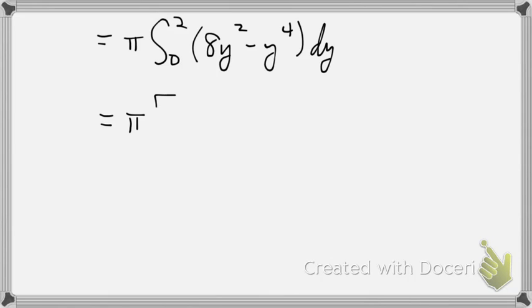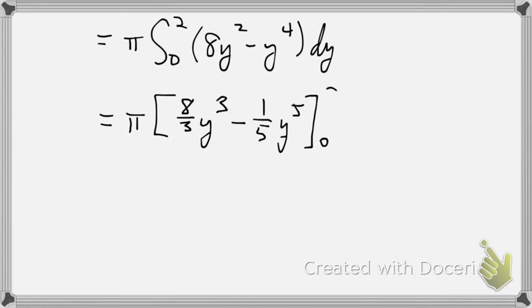So I got pi, and then the antiderivative of 8y squared is 8/3 y cubed. And then minus y to the fourth, we get the antiderivative 1/5 y to the fifth, from 0 to 2.